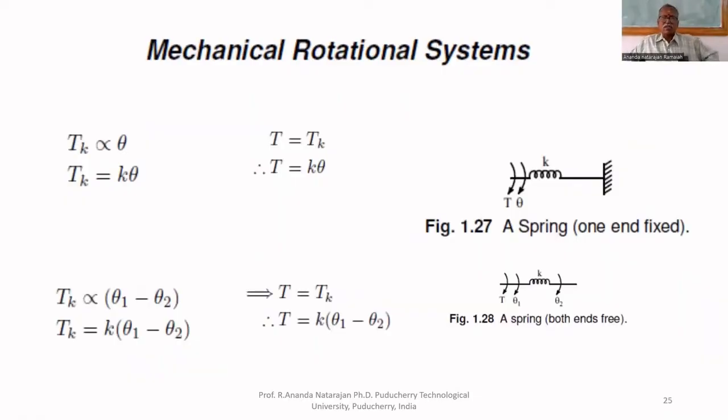Mechanical rotational system. So far we have seen the mechanical translational system. Now the rotational system. Translation has linear displacement, x. Rotational system means theta. It rotates.